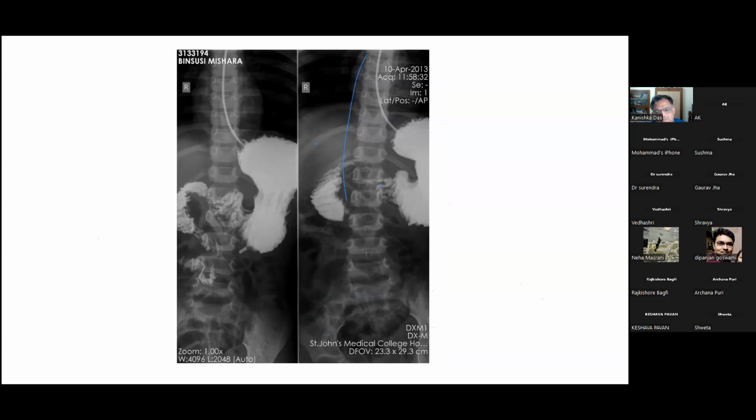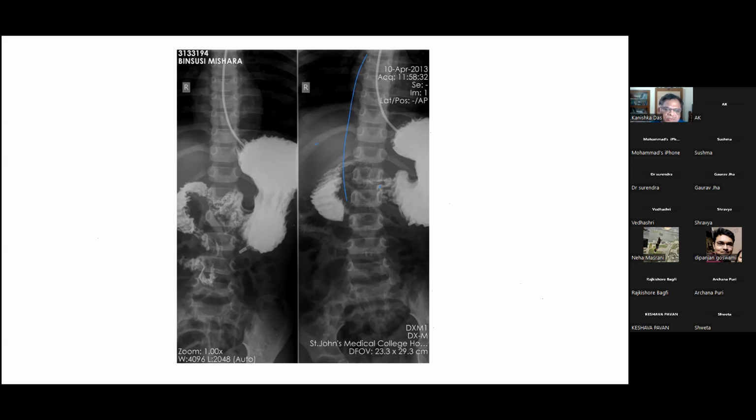So this is a dye study with a barium follow through. So we can see that the DJ is lying to the right of the spine. Just say contrast, because you don't know whether they've used barium or a follow through. Yes, sir. It's a contrast study wherein we can see that the DJ is lying to the right of the spine. So has this child swallowed it or how?